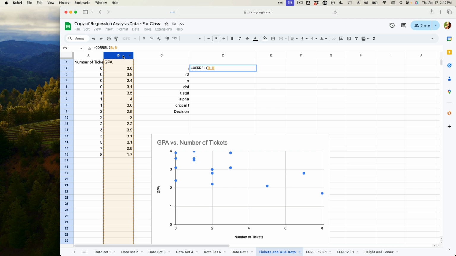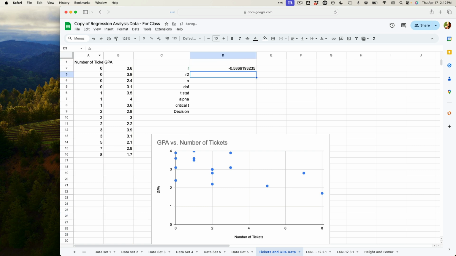You select the entire column, and it will automatically get rid of the zeros, so they're not going to affect the calculation. Same thing for the X data, which is in column A, and you type enter, and you get minus 0.58 or minus 0.6. Indeed, there's a negative slope. So yes, I agree with that answer.